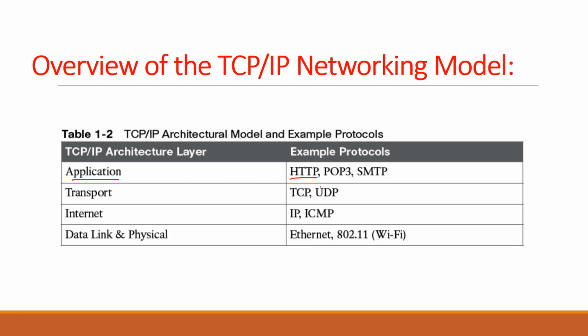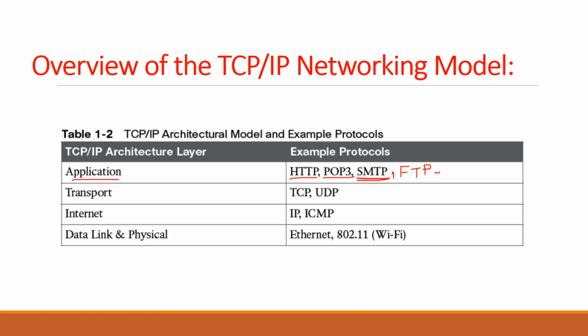If you are going to send an email, you will use SMTP. If you are going to retrieve the email from the mail server, you will use POP3. If you are going to download a file, you will use FTP, and FTP is used for downloading or uploading files.